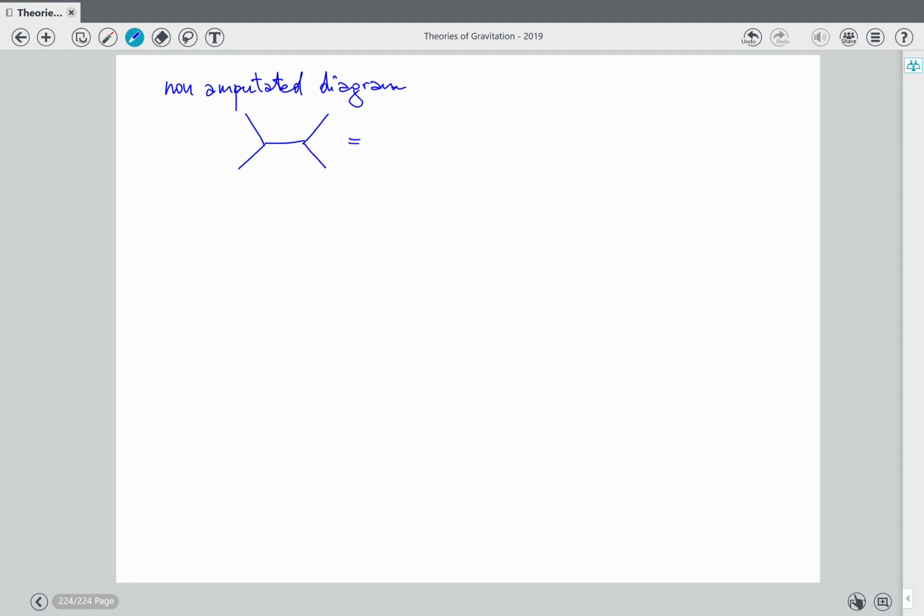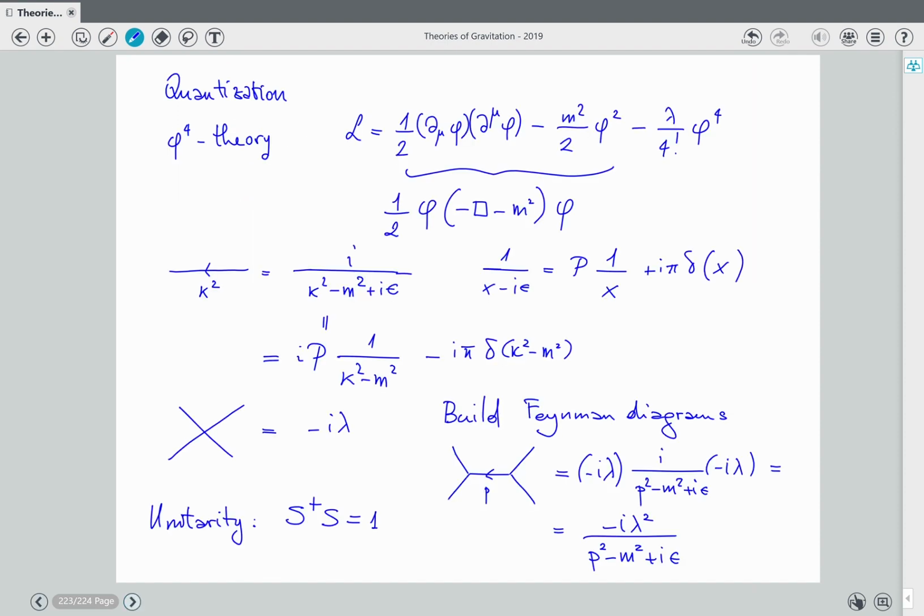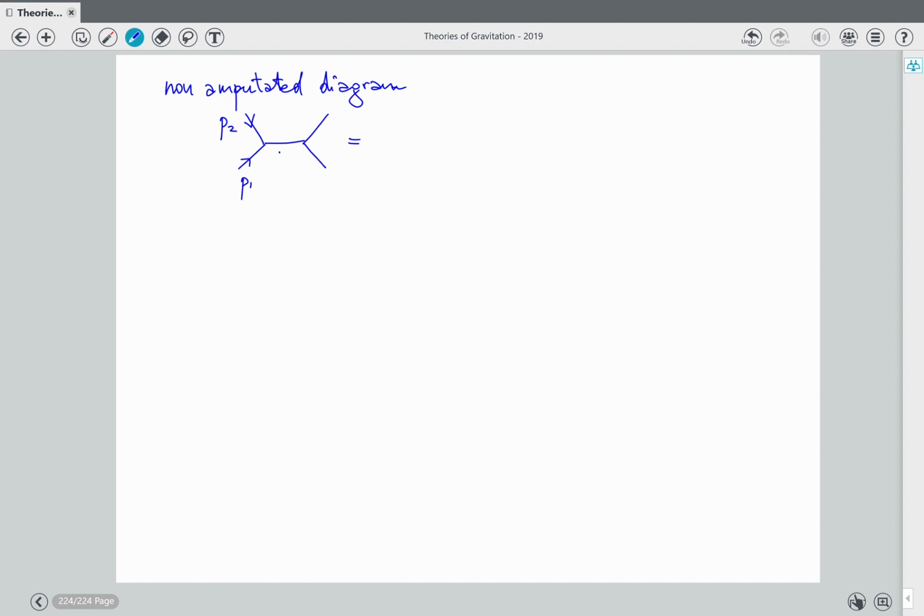Well, that is equal. Here you will have a momentum P1, here you will have a momentum P2. P will be the sum or the difference. P is equal to minus P1 minus P2. Okay. Or it is P3 plus P4, by the conservation of momentum.